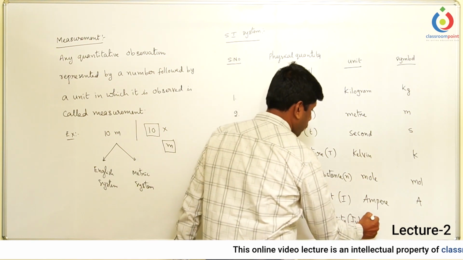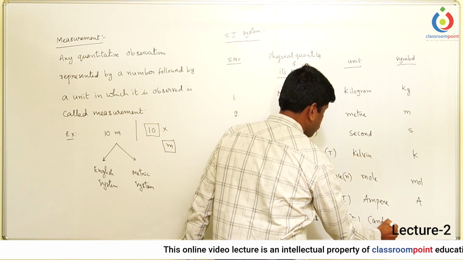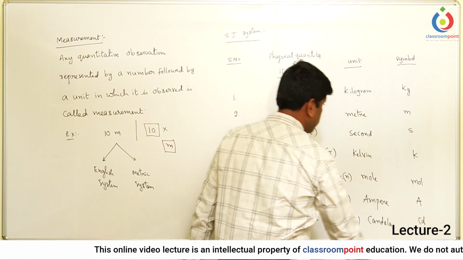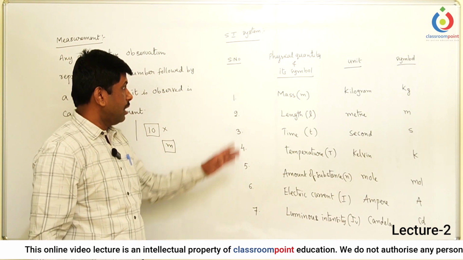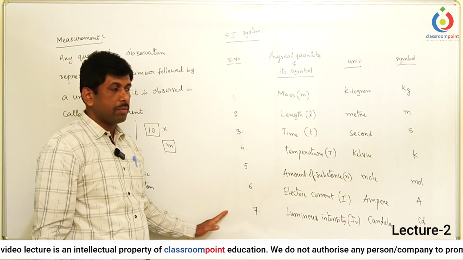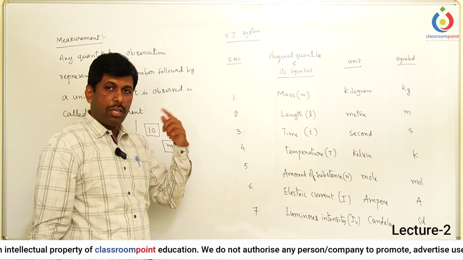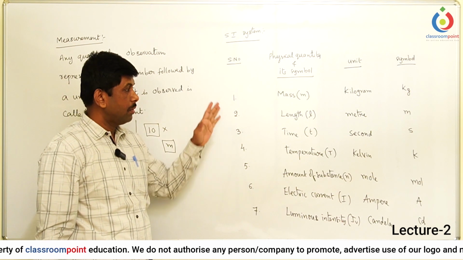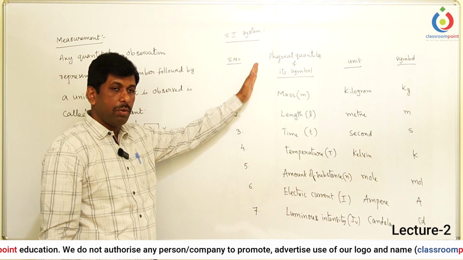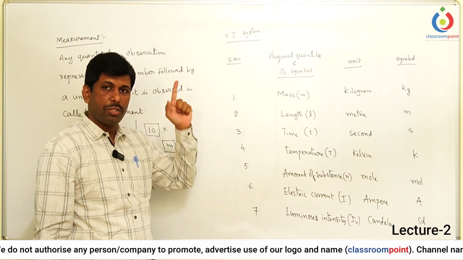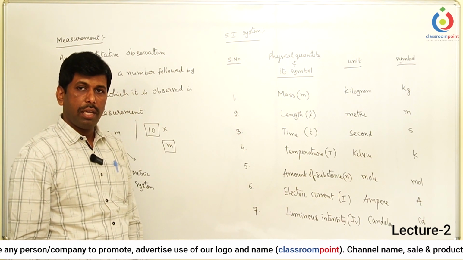Iv. So its unit is candela, cd. So basically 7 base units are present. Whatever the other units we are deriving, they're all derived from these units only. Hence those units are called the derived units.